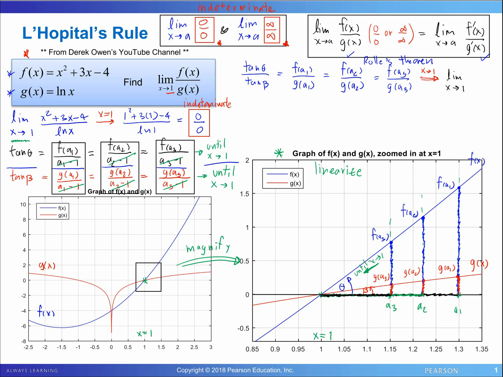Now let's take a look at the numerators of this fraction. Over here we have the function value at a1, a little bit further away from x equal to 1, and over here we have another function value at a2, moving closer to x equal to 1. And once again, over here we have the function value at a3, much closer.